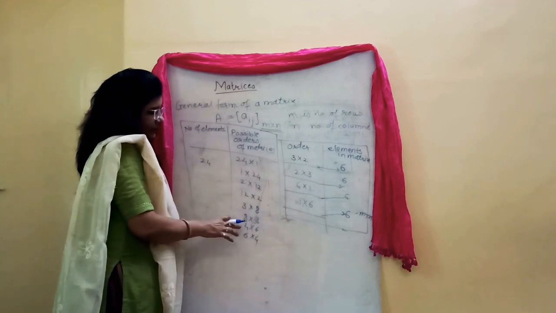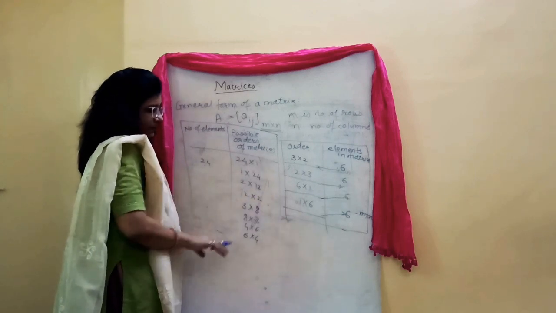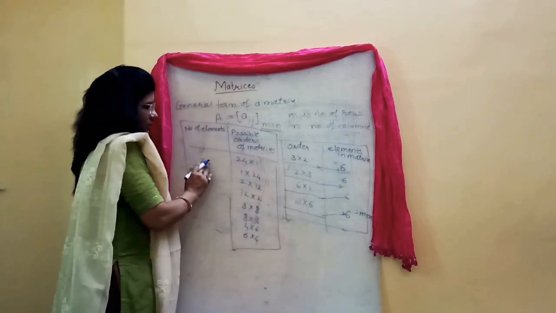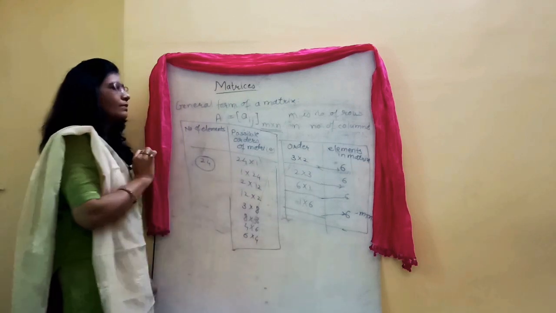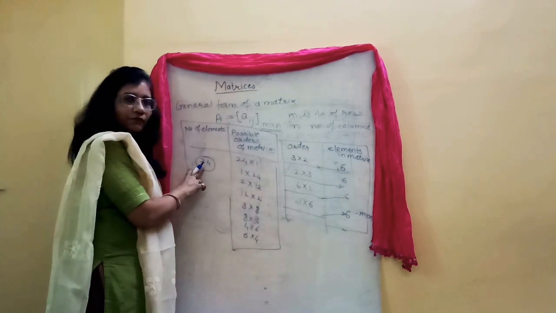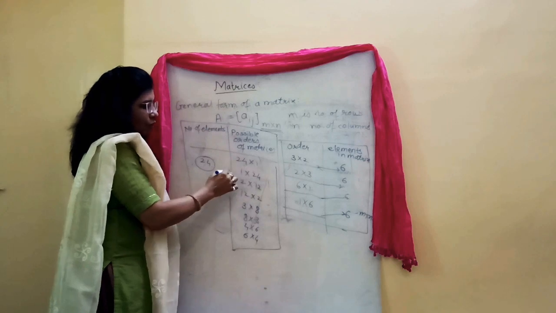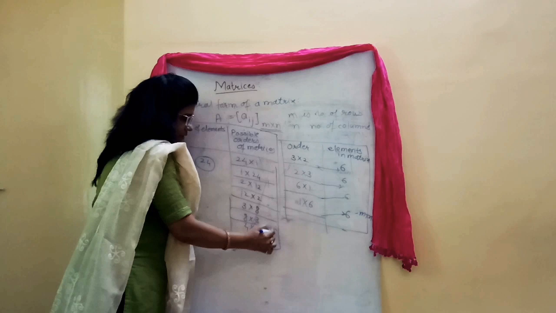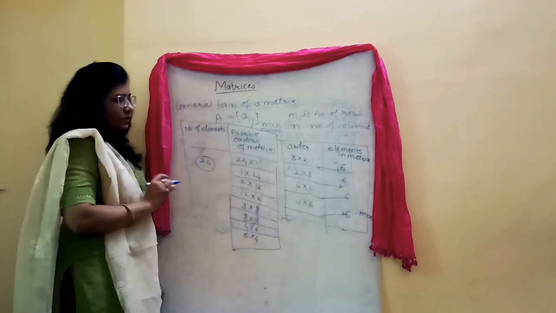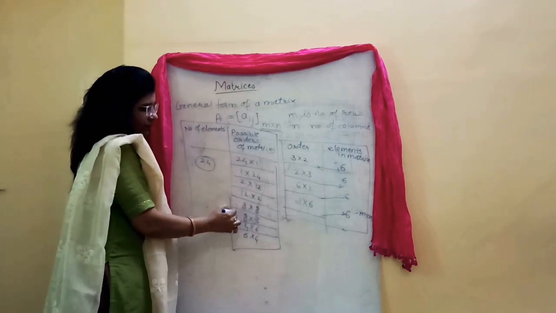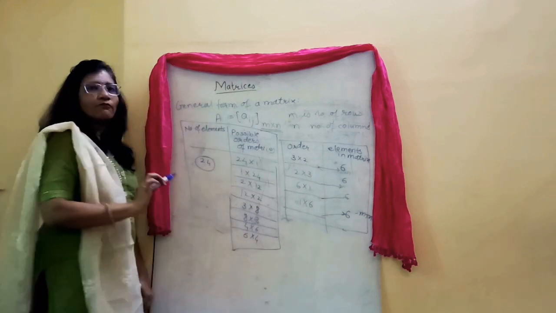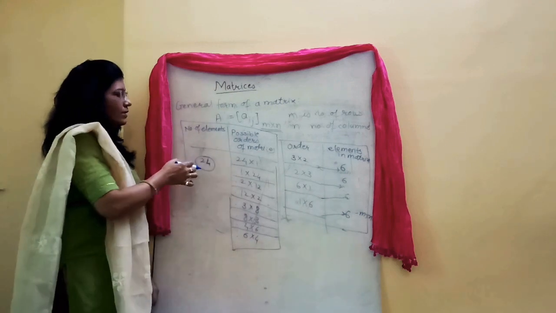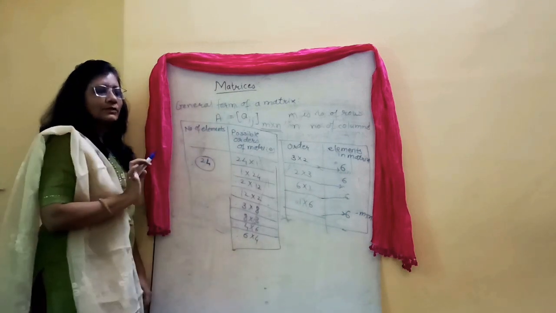So these are all the possible orders of a matrix if the number of elements is 24. So you can form 8 different matrices having 24 elements.